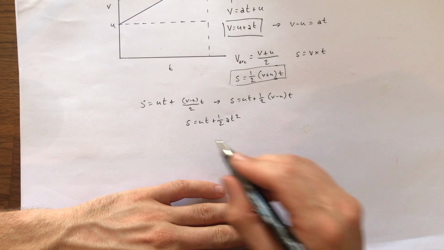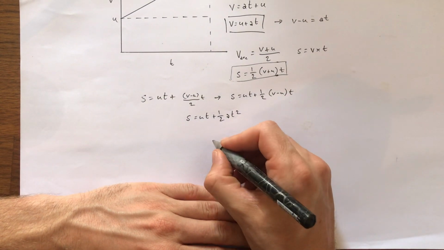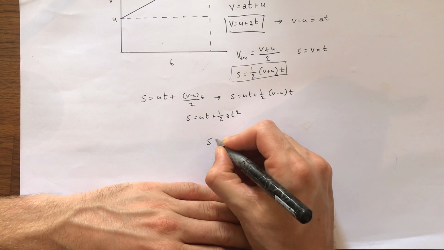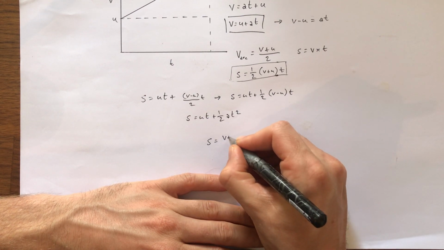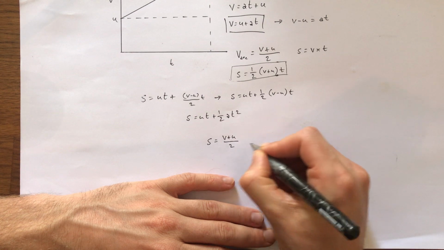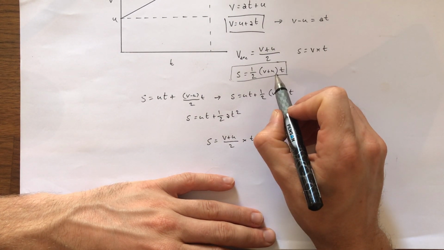Let's look at our final one. And again, the easiest and most consistent way to derive them is always beginning with s. So s is equal to (v plus u) divided by 2 multiplied by t. So I'm just taking this equation and breaking it apart a little bit.